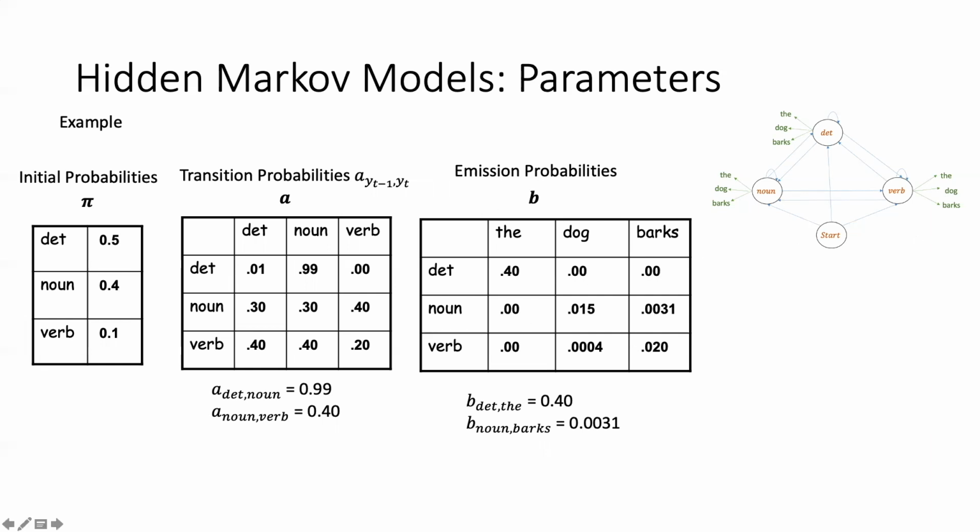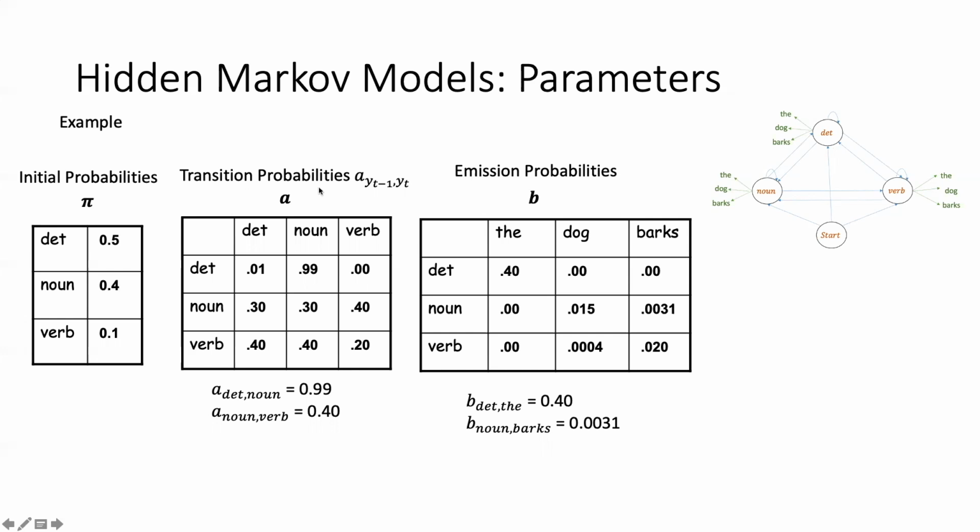In the start state, we can visit any of the three states: determiner, noun, or verb. So the initial transition probability is captured by the initial probabilities, denoted as pi. And after reaching any of these states, we can transition to another state, noun or verb.